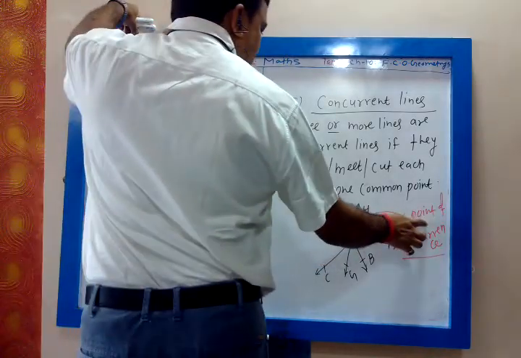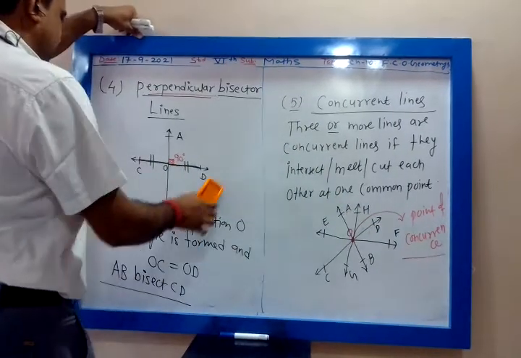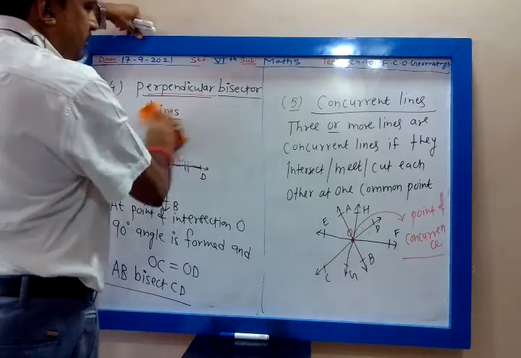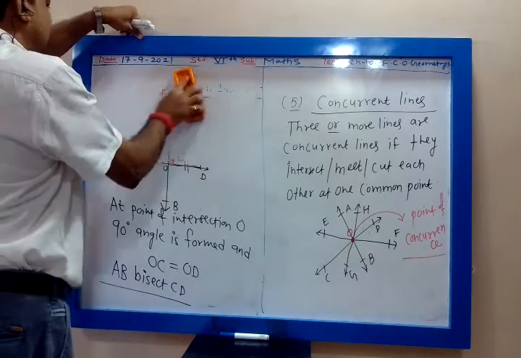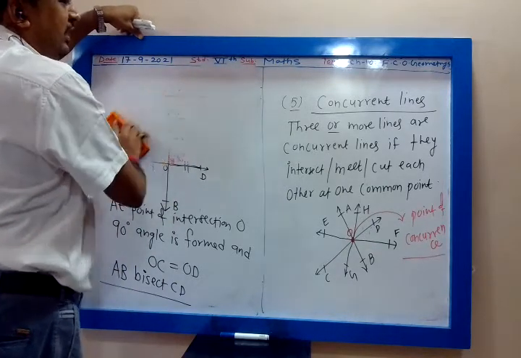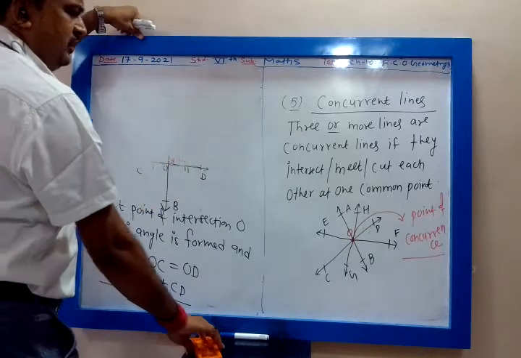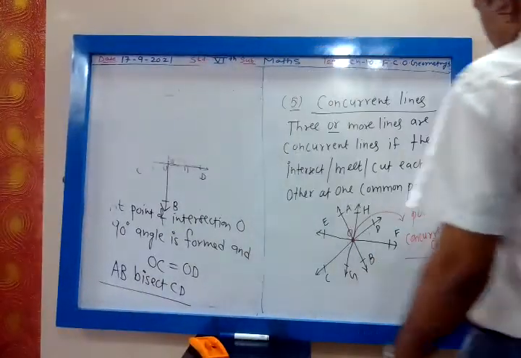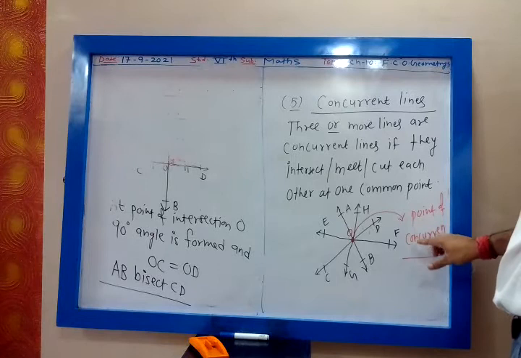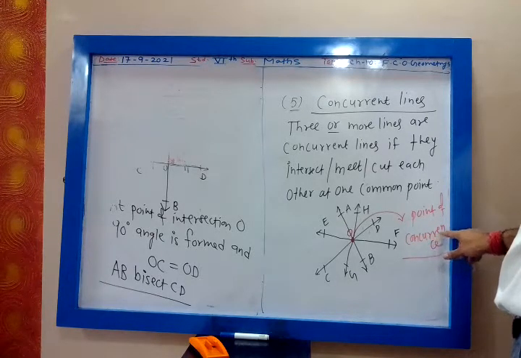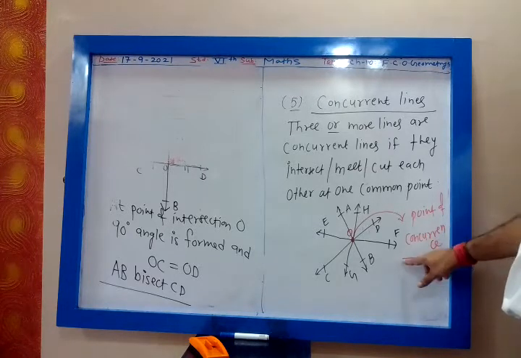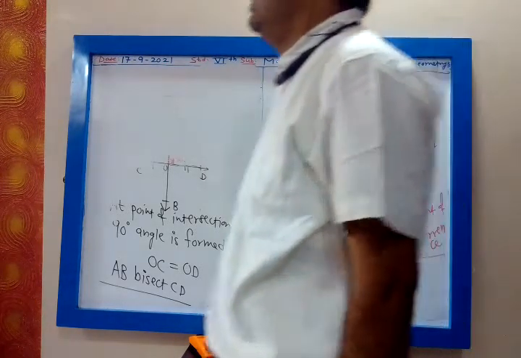Downward I have written point of concurrence, my dear, it is continuation. Near the diagram it is continuation. There was no space, so I have written C below. Arrow is, then line is there.